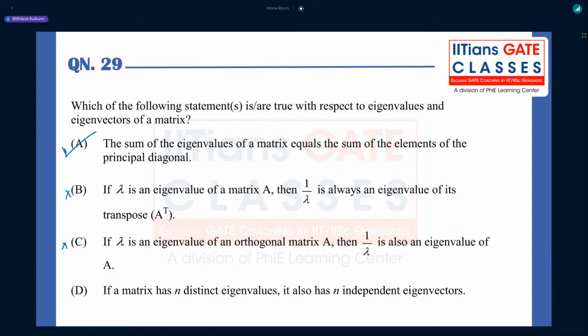And the last statement is: if a matrix of order N has distinct eigenvalues, it has N independent eigenvectors. Yes, this statement is correct. Whenever we have a matrix with distinct eigenvalues, the eigenvectors corresponding to these eigenvalues will be independent. So for this question, options A and D are correct.